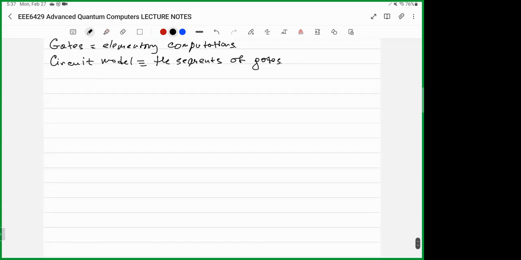For example, in classical logic, we have a number of logic gates, namely seven basic logic gates. So let's write this down.